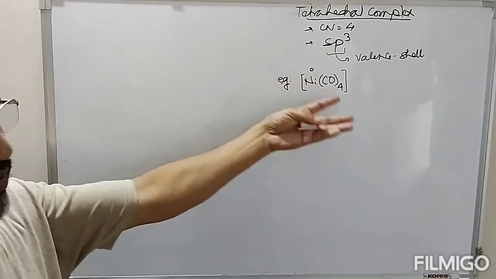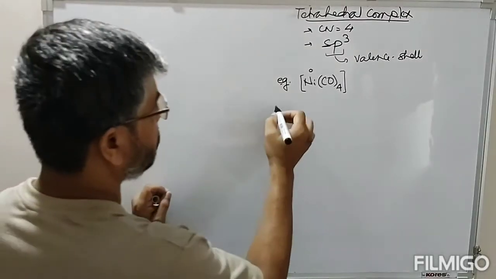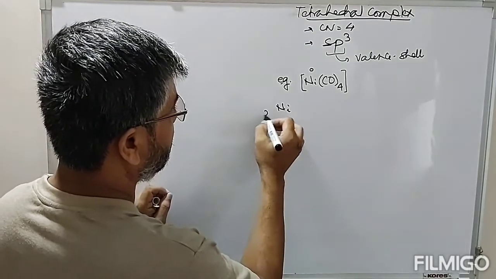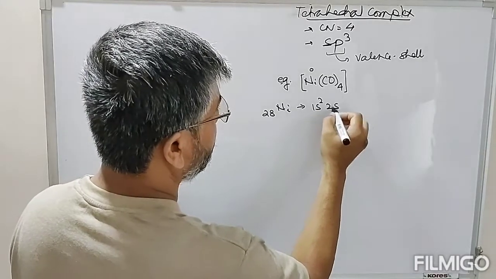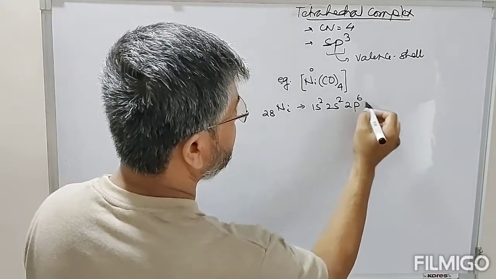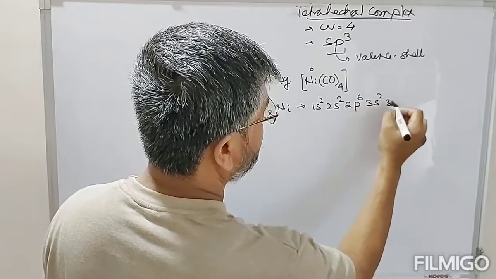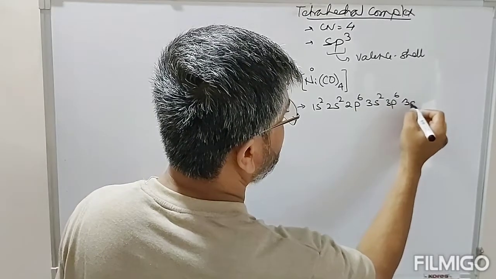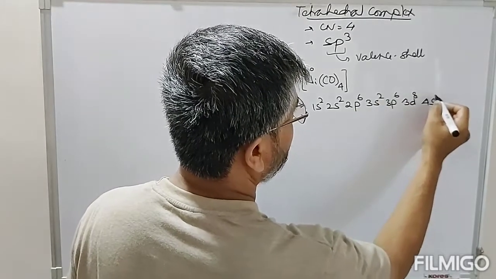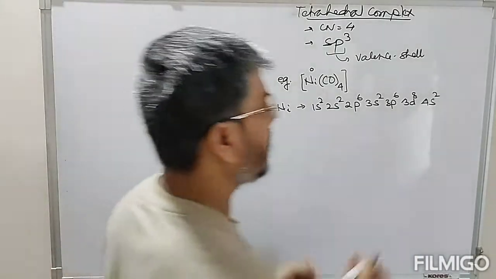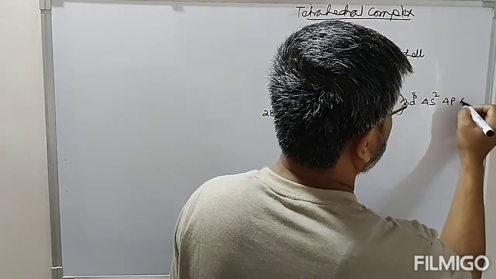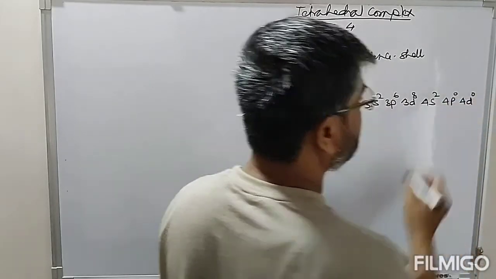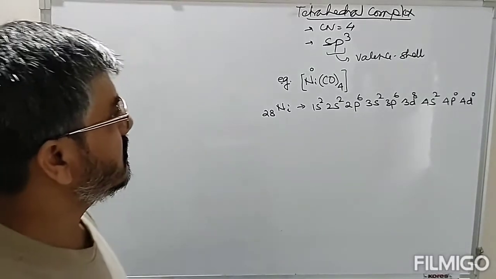So look at this, we have nickel, atomic number 28, electronic configuration 1s2, 2s2, 2p6, 3s2, 3p6, 3d8, 4s2. So this is the valence shell. So we have 4p 0, 4d 0 unoccupied.